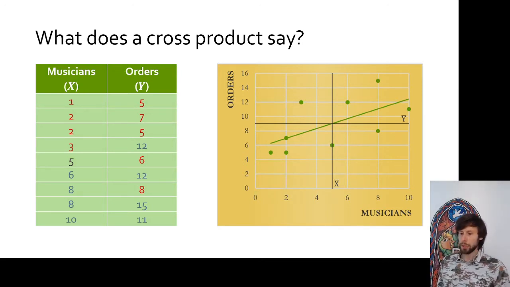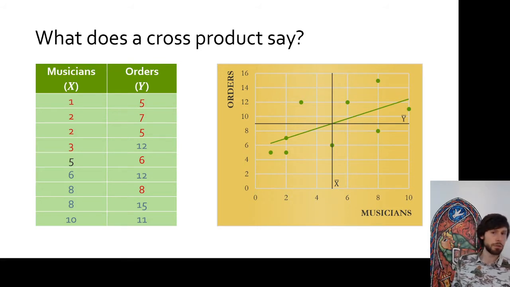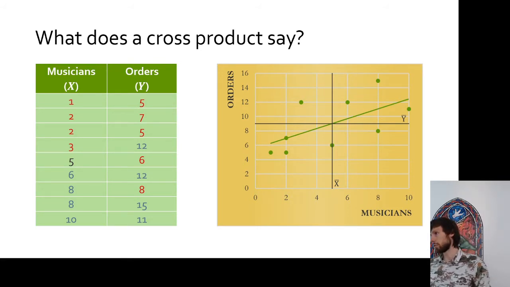Take a look at the last person, for example, in the list, final participant. You can see that they listened to more musicians than the average cook, and they were also more productive than the average cook. In other words, they were above the mean on both variables. This leads them to be in the upper right quadrant of the scatter plot.